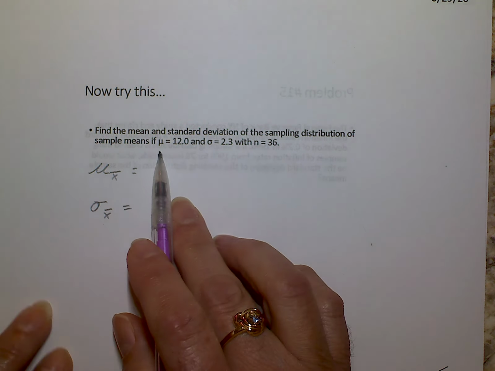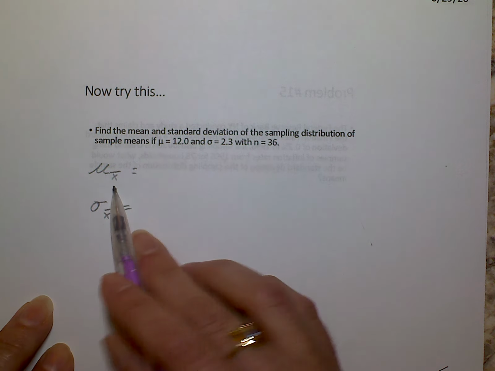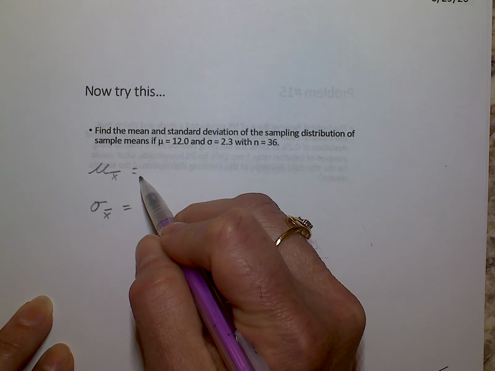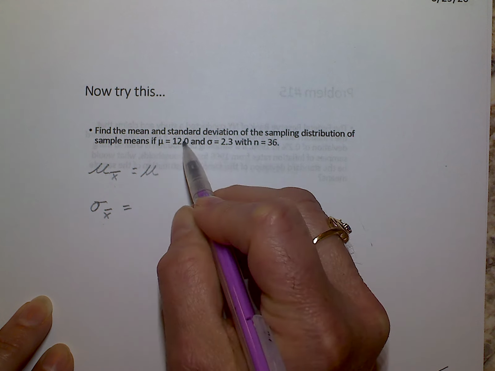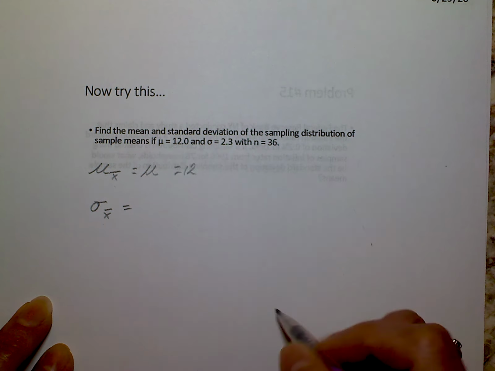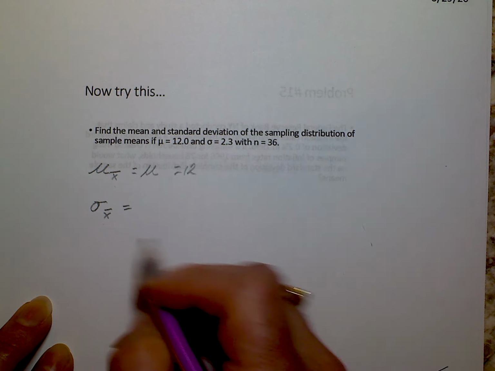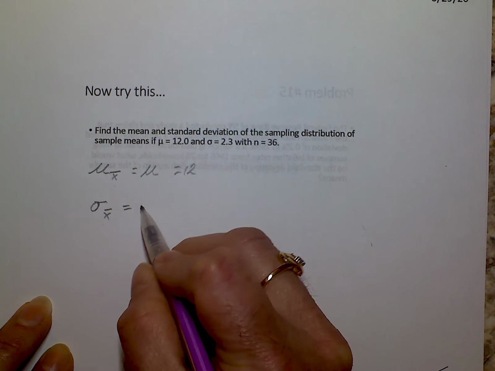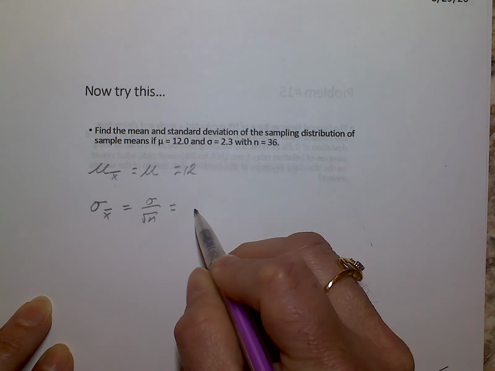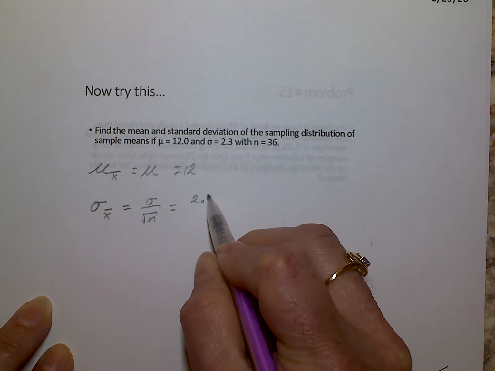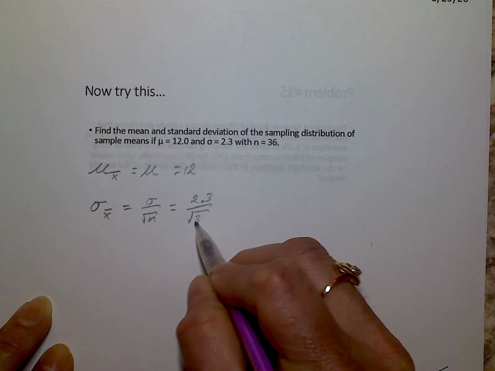All right, here we go. The mean of the sample means is equal to mu, remember? So that is 12. Yay. Done. Sigma sub x bar is equal to sigma over square root of n. That was our formula of the day. So I'm going to take 2.3 divided by the square root of 36.